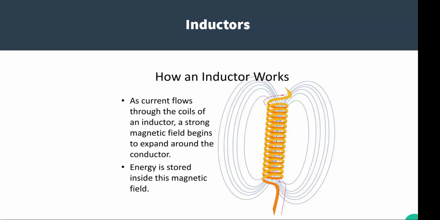This shows the magnetic lines of force as we run a current through there. You're actually getting a circular magnetic field around the wire, but as it's coiled up like that, they tend to add in the center. So you have a concentrated magnetic field going through the center of the coil, where it's smaller and spread out outside of it.